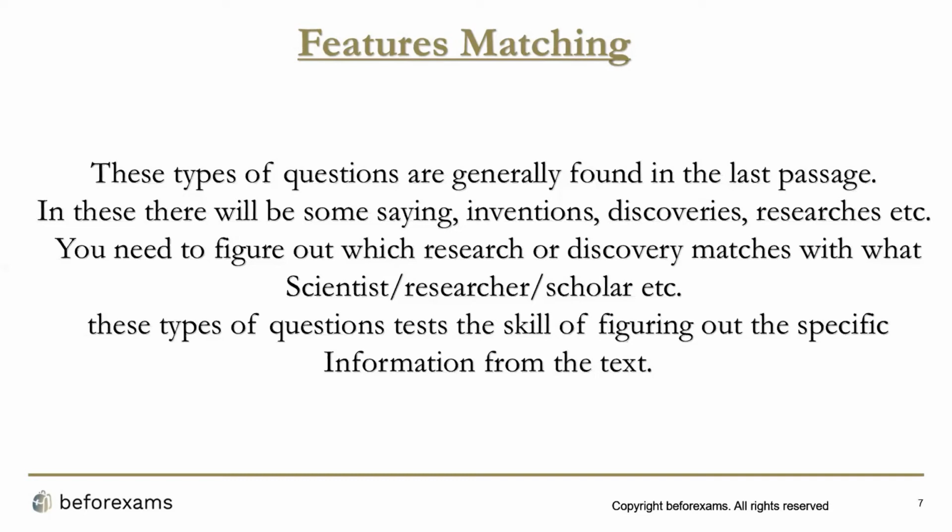It will be saying an invention, a discovery, research, etc. You need to figure out which research or discovery matches with what scientist or researcher or scholar is given in the text. So in one column there will be research or something like that given, and in the other column it will be the researcher or inventor or scientist who did that. So you have to match.